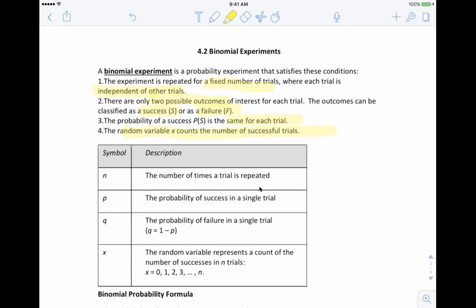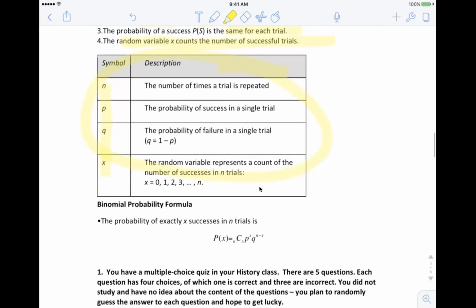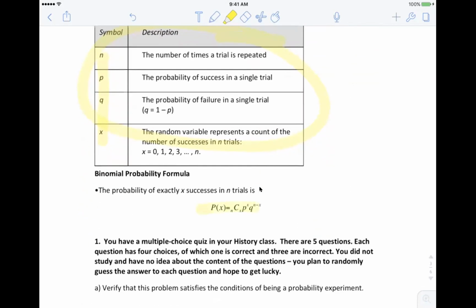Okay, we've got some variables here that you want to get used to, so I included this little thing for reference. When they start talking about n's and p's and q's and x's, we'll refer back to this. And then you have your main formula here. For these problems, you can use that formula, or I'll show you a way that you can use the StatCrunch calculator. We'll do both.